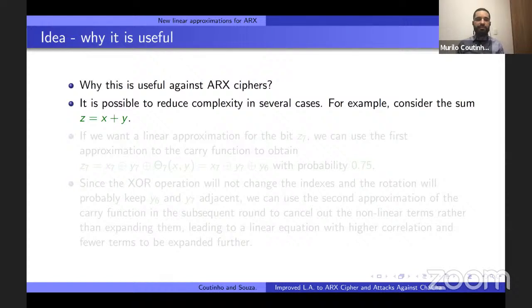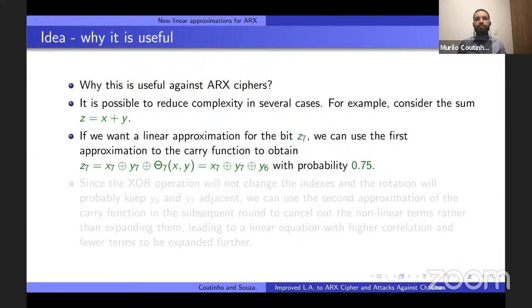So let's consider the example of the addition z equals x plus y. Suppose we want to find a linear approximation for the bit z_7, but we want an approximation for 2 rounds instead of 1 round. In the first round, we can use the previous works to find an approximation to z_7, which will be something like x_7 XOR y_7 XOR y_6 with correlation 1/2.